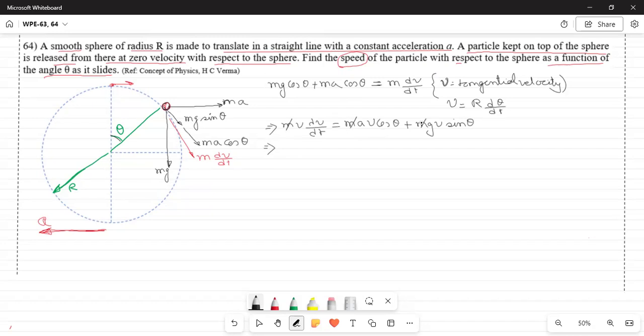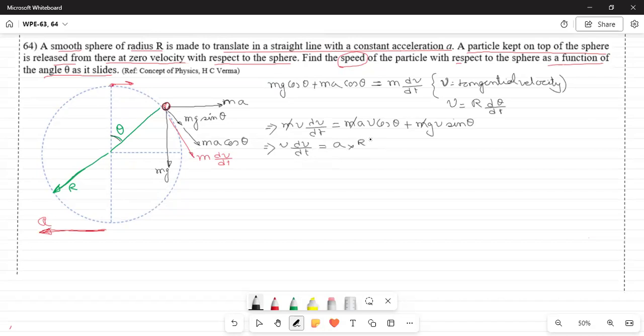From here we get v dv dt equal to a. And what is v? This v is r d theta dt.